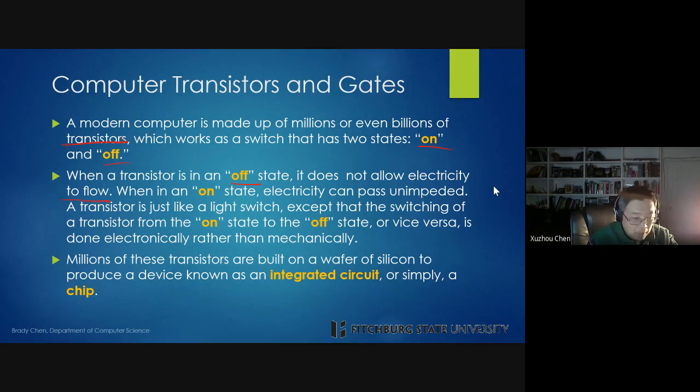And using modern technology, people can build more and more transistors into a very small integrated circuit. These integrated circuits are so powerful that you can build billions of transistors in a very small piece of integrated circuit, just about this size. So these transistors are very close together. The distance is measured in nanometers.